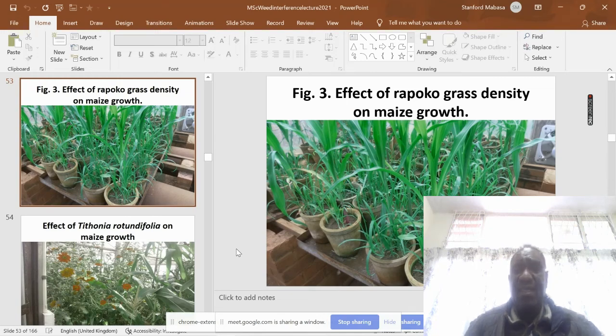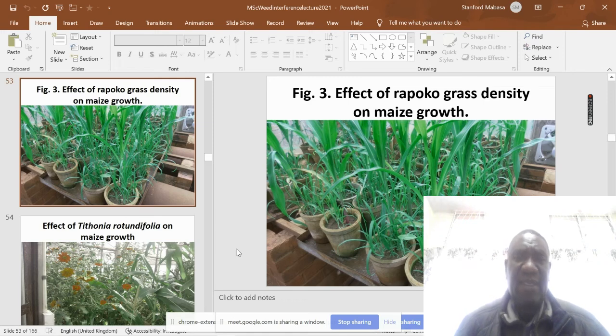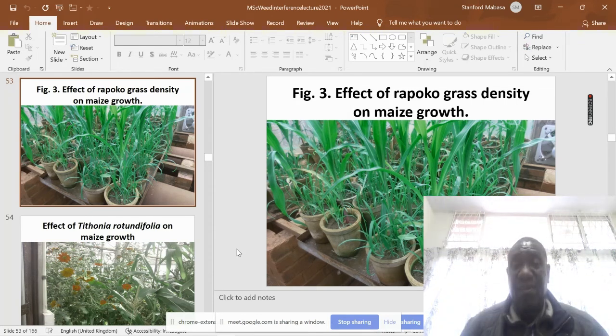Now, in these studies, we can actually employ pot studies, or even field studies can be done. Here I have got an example of an additive experiment where we have maize being grown under different densities of Rapoko grass.